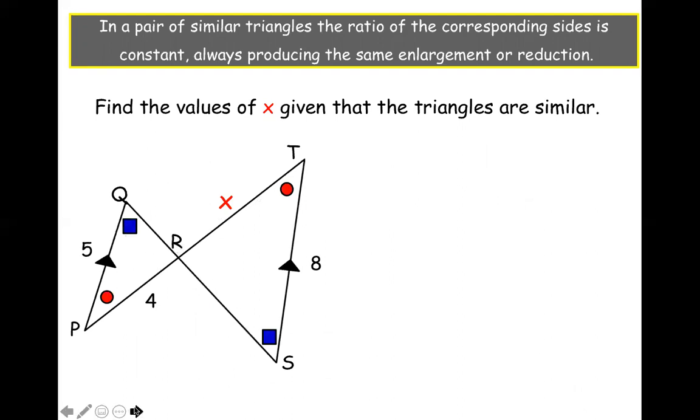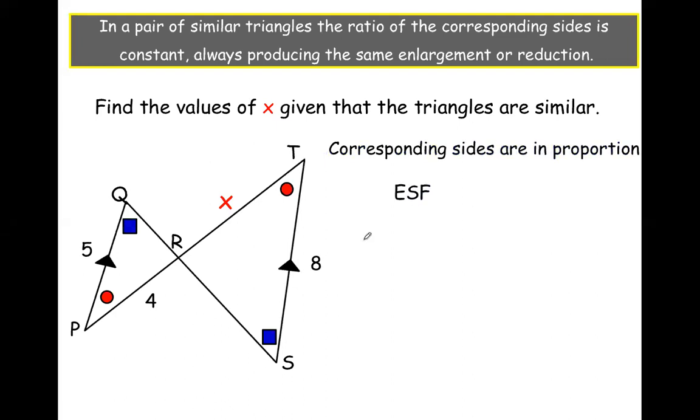So the best way to deal with these is, if you're asked to calculate an enlargement scaling factor, you need to find the sides that are proportionate to each other. And this time I've got 8 divided by 5.